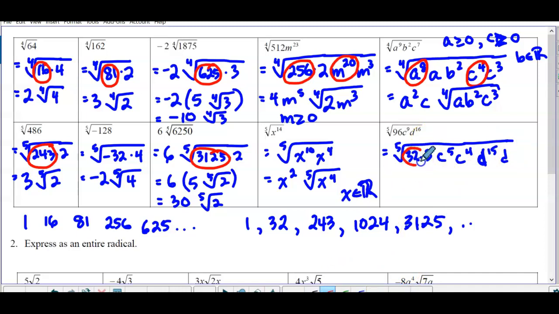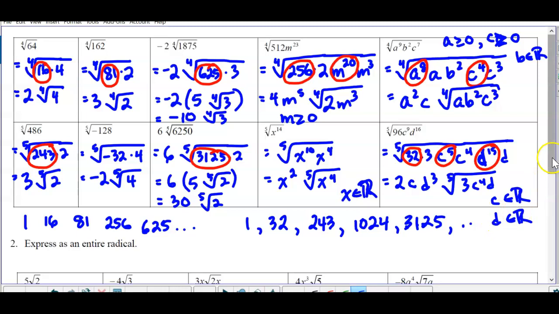And there's your 5th power, 5th power, 5th power. So 5th root of 32 is 2. 5th root of c to the 5 is c. 5th root of d to the 15 is d cubed, with 5th root of 3 c to the 4th d left. And again, they can be all real numbers because it's the 5th root.